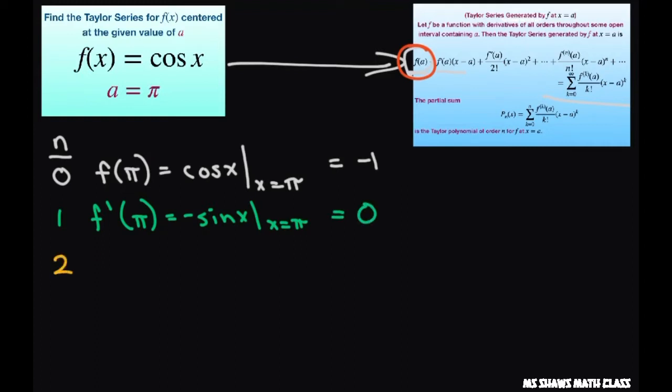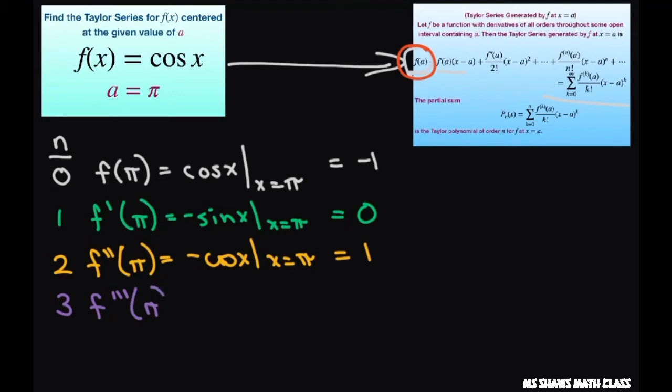For 2, we have f double prime of pi. That equals negative cosine of x. When you evaluate that at x equals pi, that equals 1. And let's do 3. F triple prime of pi equals sine of x.